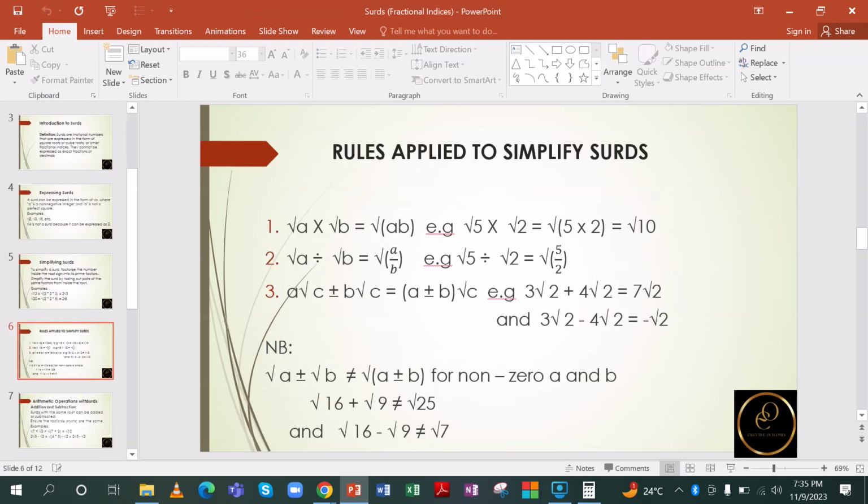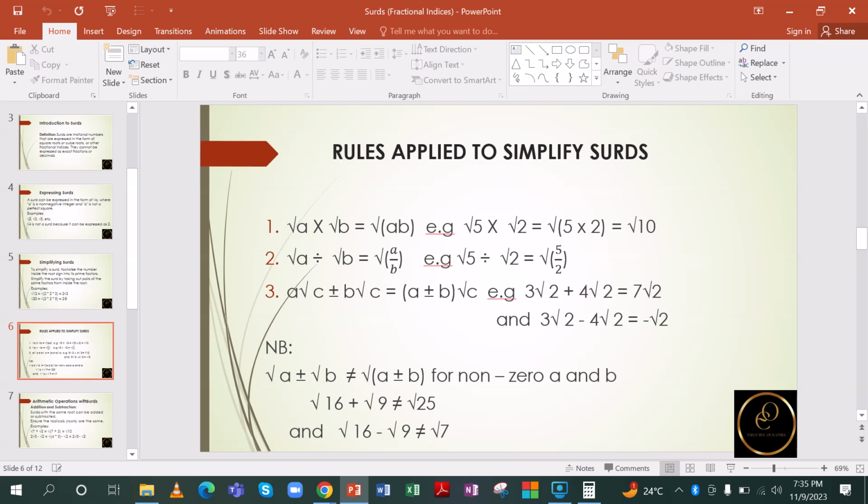Let's move on and see the rules that need to be applied to simplify surds. I have 3 rules before me, and we look at these 3. The first one is where you have the square root of A times the square root of B, which is the same as the square root of A times B, the square root of the product of the 2 integers.